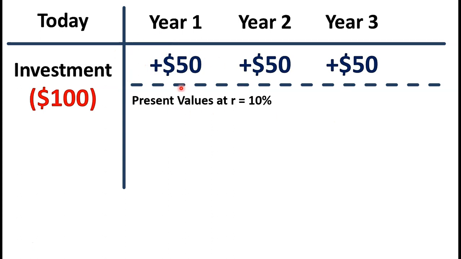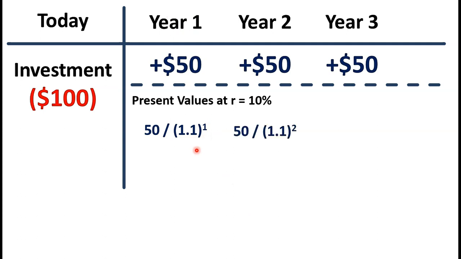So we'll start with the first one. The formula to discount back is the future cash flow, which is 50, divided by 1 plus R, which is 10%. So 1 plus 10% is 1.1, to the power n. N is the number of years. So this is the first year, so n is 1. So for this $50 cash flow, which is to be received at the end of the first year, if we have to discount it back, it will be 50 divided by 1.1 to the power n, and n is 1.